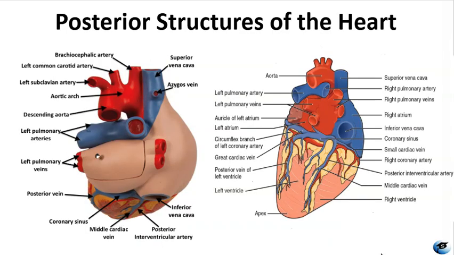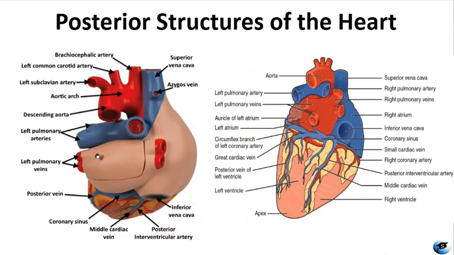From this angle, you should look for the left atrium, which is much more prominent on the posterior side. Then openings of the right and left pulmonary veins entering the left atrium. The inferior vena cava entering the right atrium from below. See it right here.